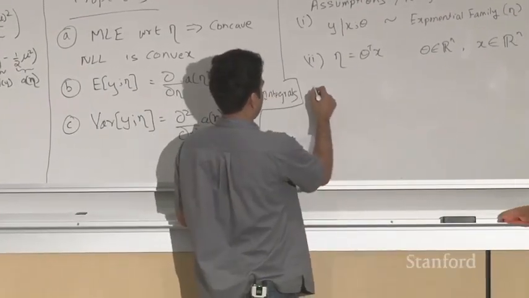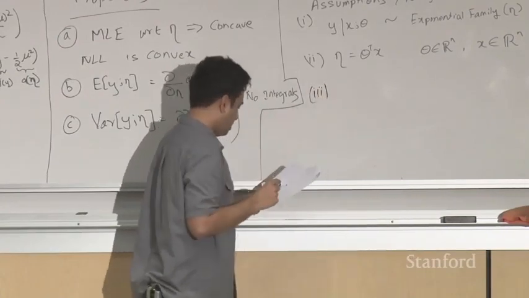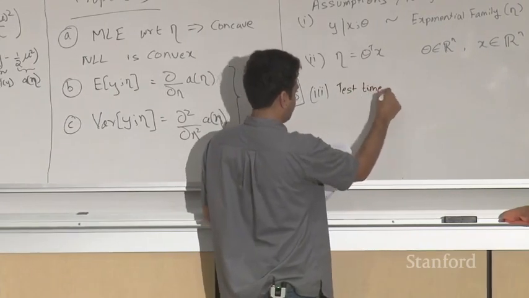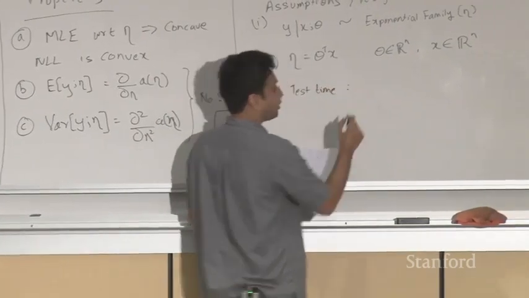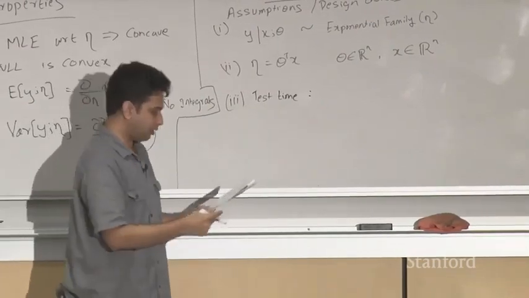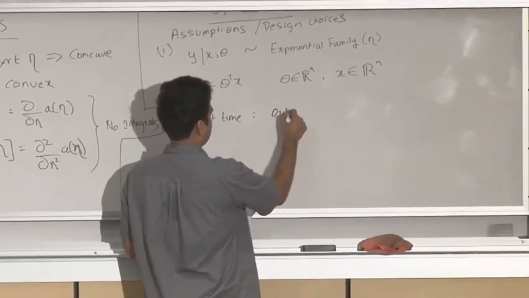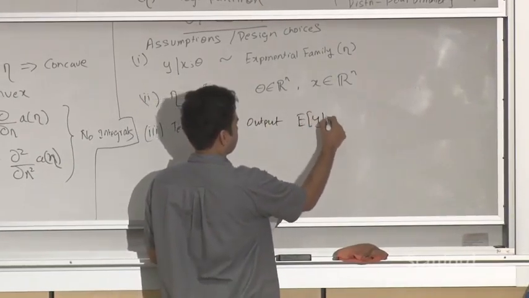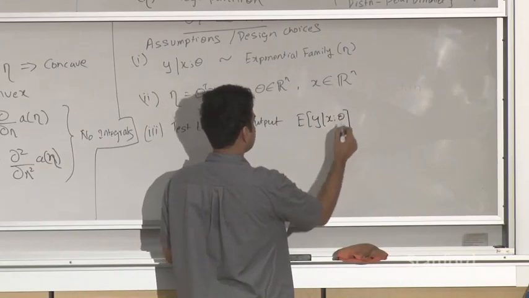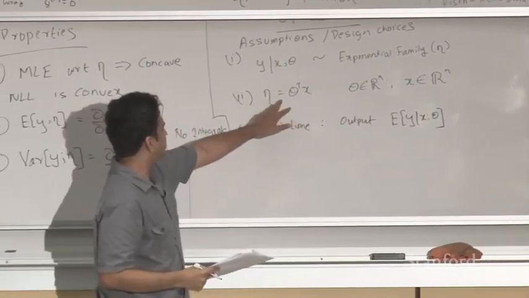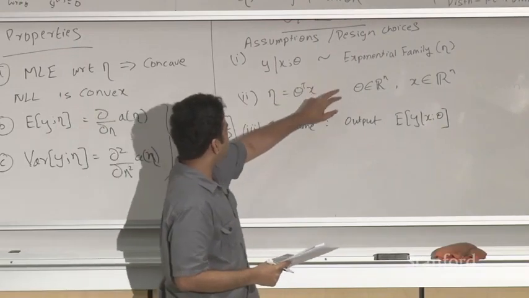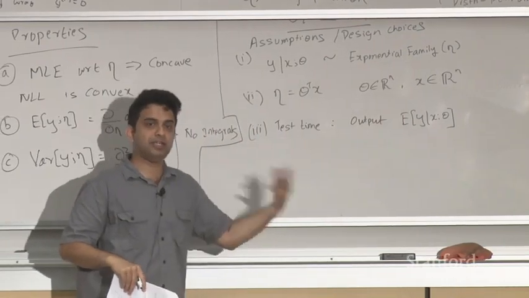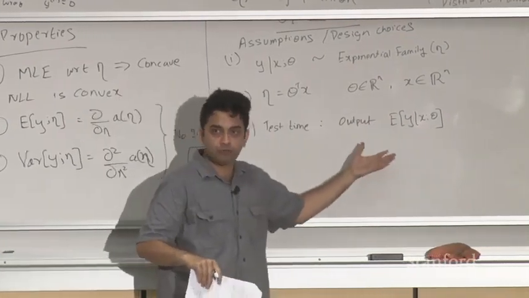And another assumption is that at test time, when we're given a new x, we want to make an output. So given an x, we get an exponential family distribution, and the mean of that distribution will be the prediction that we make for a given x.